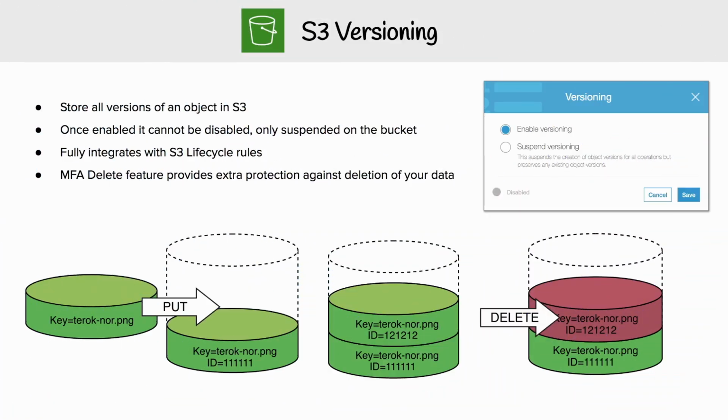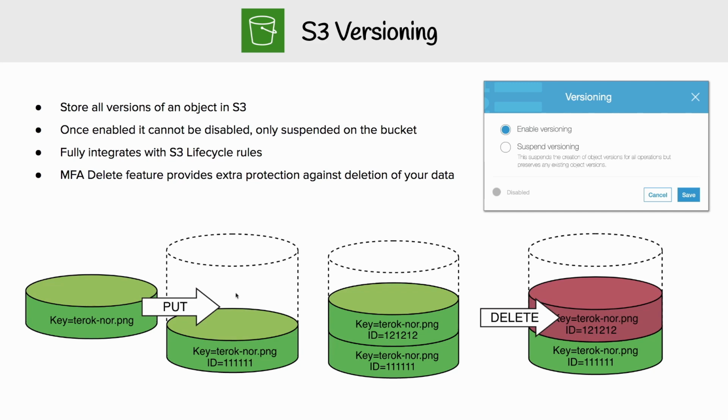Now in S3, you can set versioning on a bucket, and what versioning does is it allows you to version your objects. The idea here is to help you prevent data loss and keep track of versions. So if you had a file, here I have an image called Tarok Nor, the name is the same thing as a key. It's going to have a version ID, and here we have one which is 111.111.